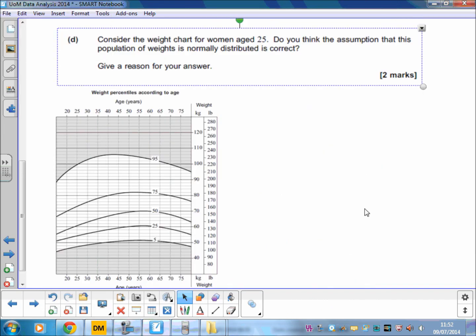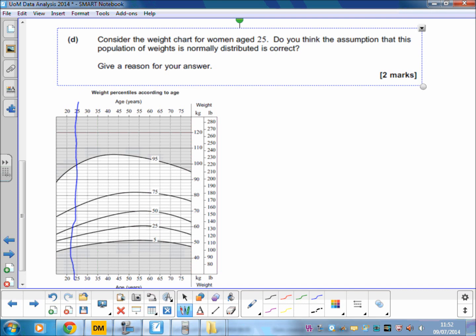Okay, so part D, we've got to look at the weight chart now, and we want to find out, do we think it's normally distributed? And we only want to know for women aged 25. So we're looking up the line for women aged 25.